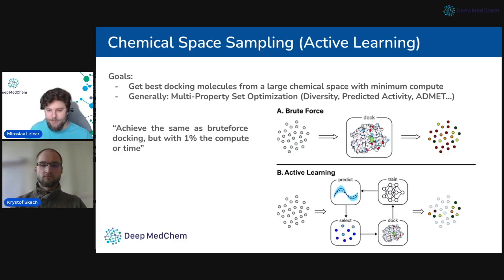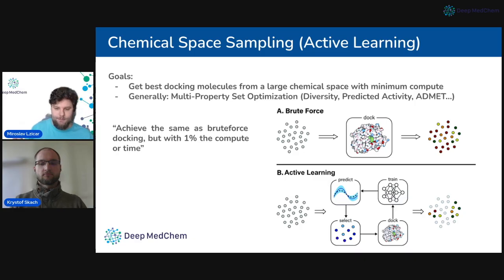And yeah, here is some visualization taken from multiple papers, where you can see the contrast of the brute force docking of the chemical space versus doing some sort of active learning or some procedure of sampling some molecules, training a model, then docking them, then updating the model based on the results, and so on and so on.